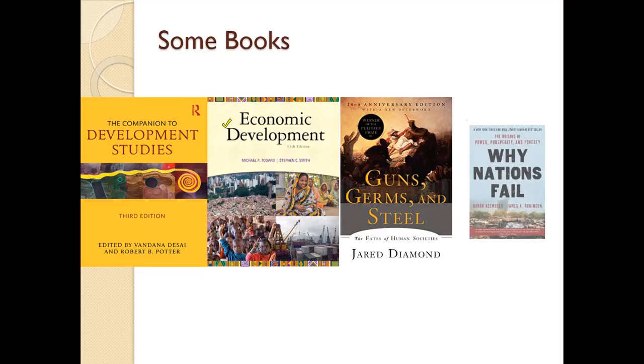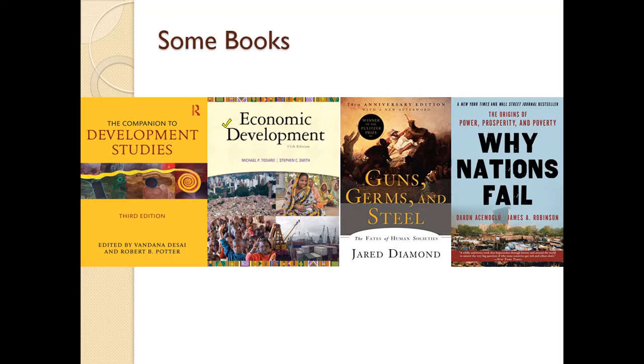And then we also have another interesting book by Acemoglu and Robinson, and it looks at why nations fail. At a later stage, we shall look at how things go. Acemoglu and Robinson mainly look at the importance of institutions in development processes. So you can find these interesting. You'll have access to them and see how you can utilize them.